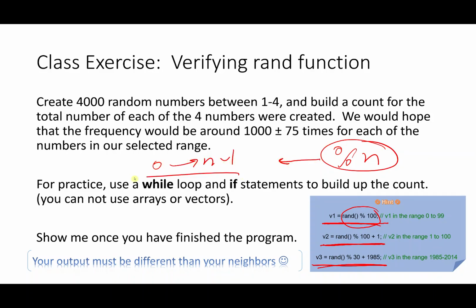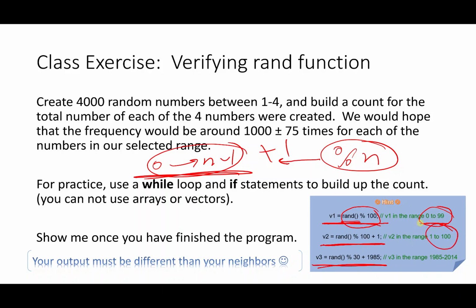And we had this rule in lecture 2, right? If I want to generate a random number starting with 1, I would add 1. This is going to give you 1 to n. So if I want 0 to 99, I would say any random number mod 100. It's going to generate 0 to 99.